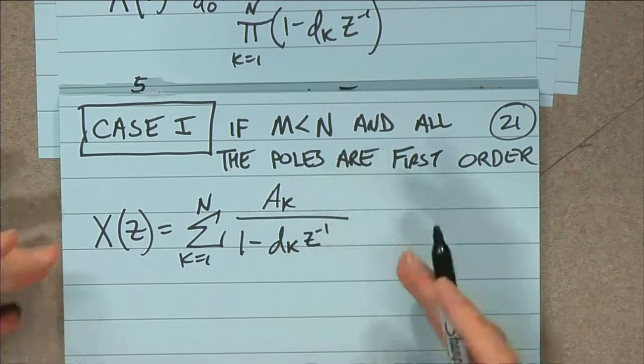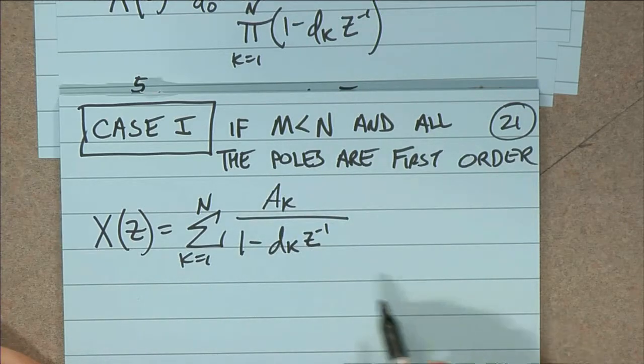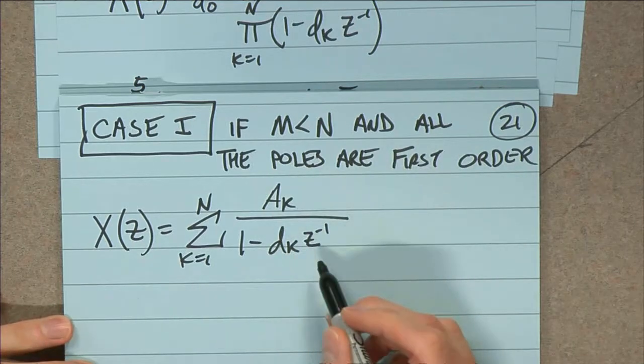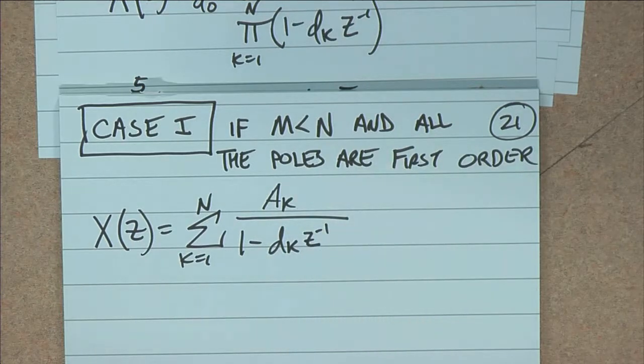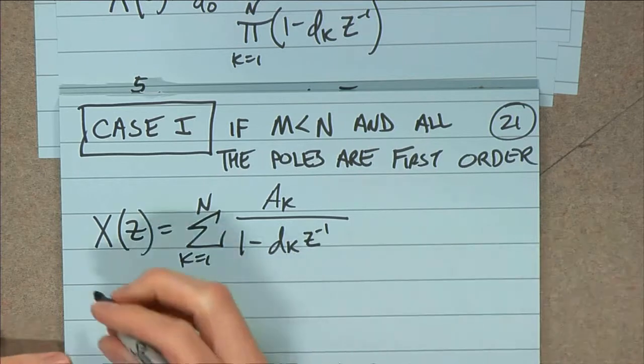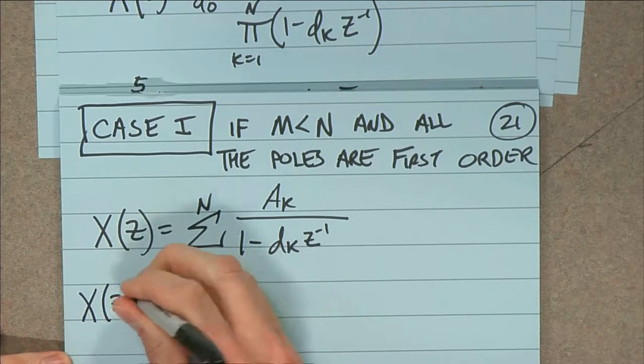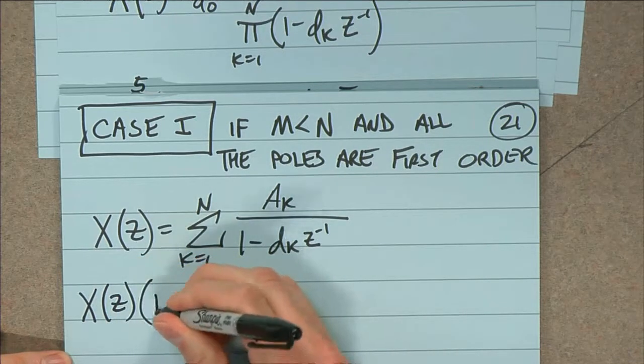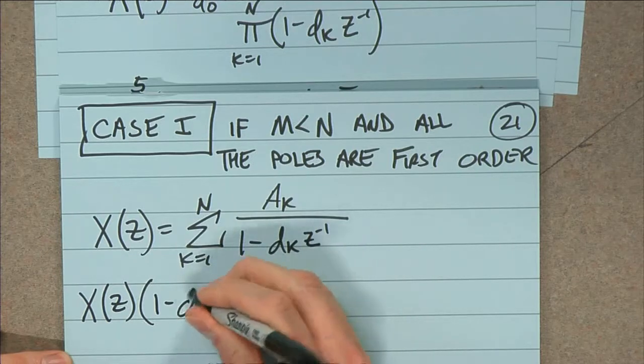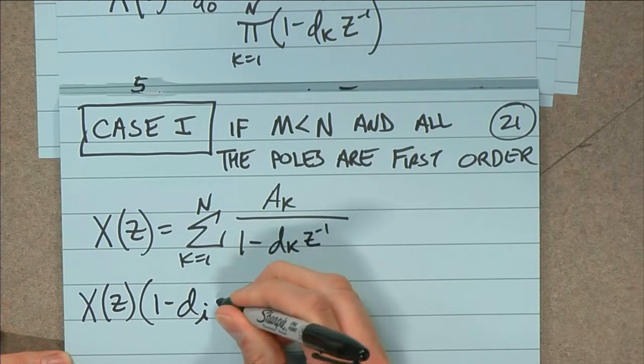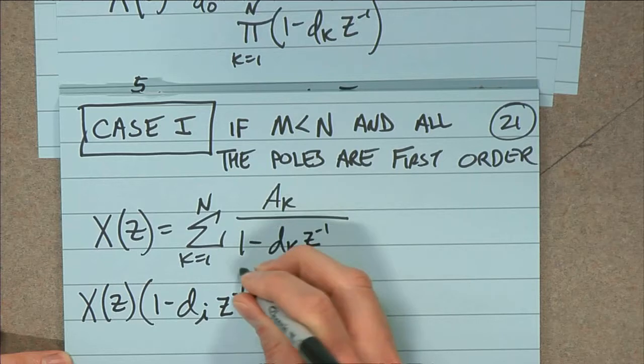So for our derivation here to explain how this works, we're going to multiply each side by, just choose some random pole, the ith pole. So we multiply both sides times this expression, 1 minus d sub i z inverse.